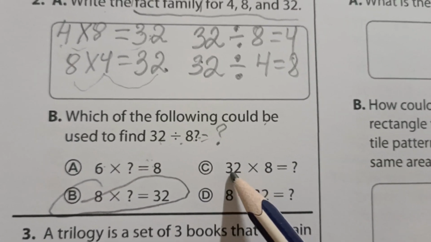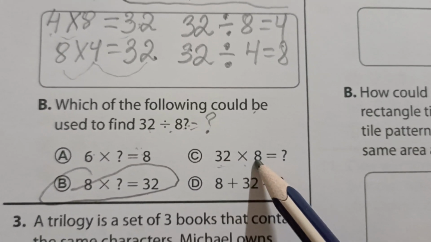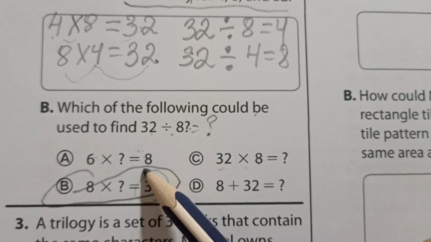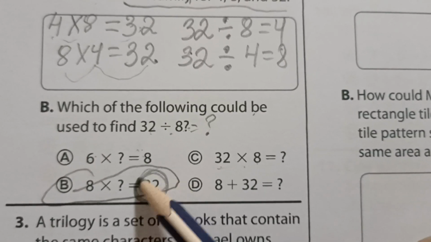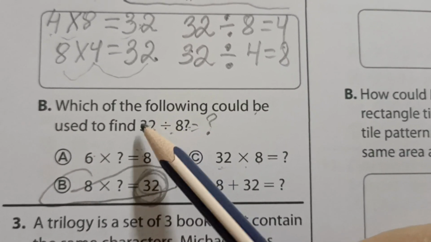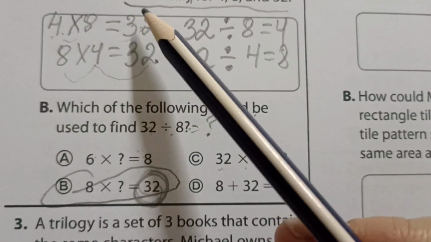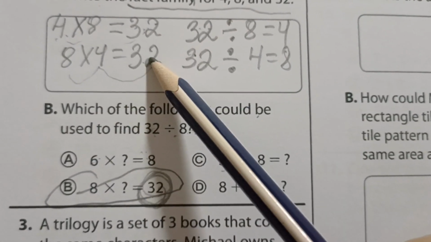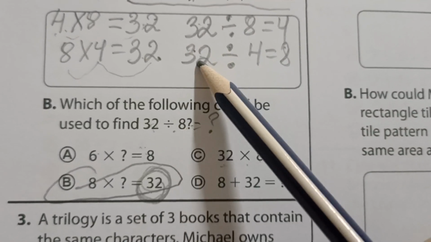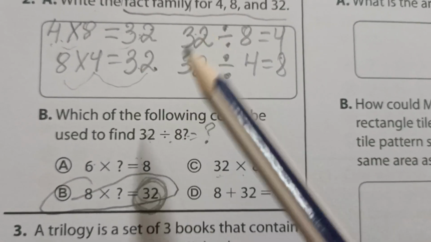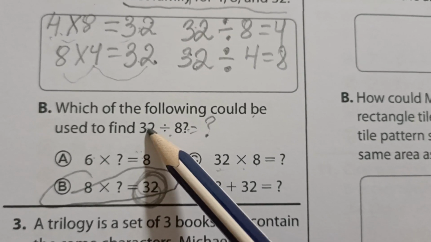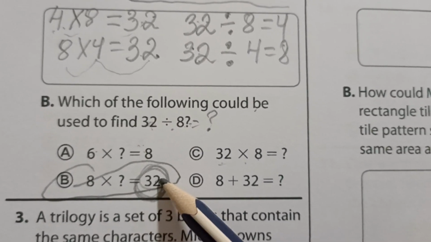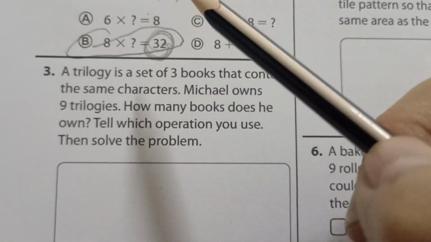You may say, here we have 32 and 8, but 32 is going to be the product, because we start division with the product. That's why if we start division with the product, that number should be at this place. Okay, next.